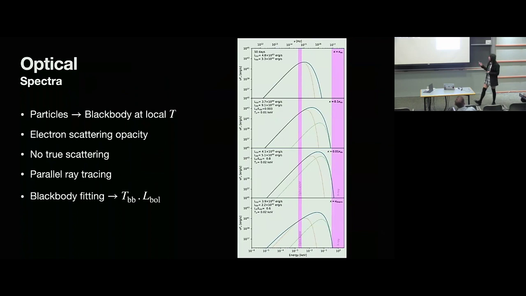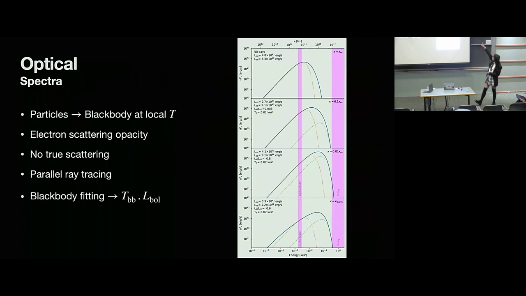Then for each time frame we get a spectrum, where we took the optical UV band and X-ray band and tried to fit a black body to just those parts of the full spectra.